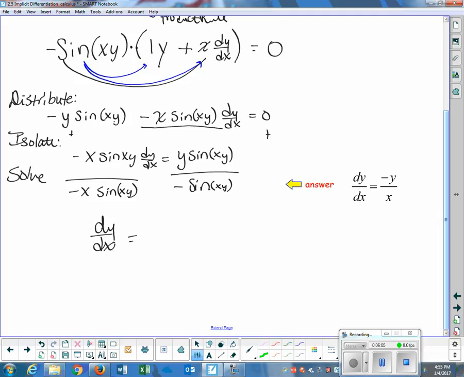And, oh, look at that. Did I lose? Oh, I lost my x here. Sine xy will cancel with sine xy, right? And our final answer is going to have a negative, which I'm going to let float to the top. And I'll have y over x. So we get a negative answer. We can write it at the top, the bottom, or the middle. I'm going to choose the top.